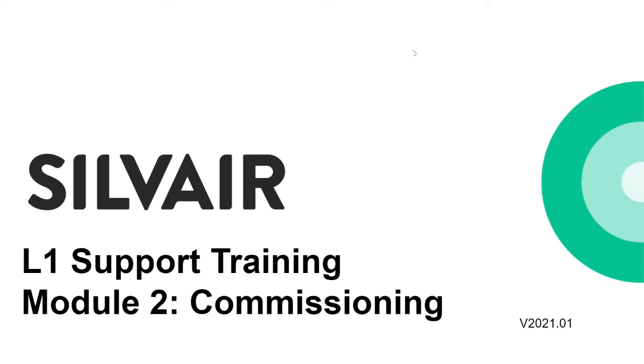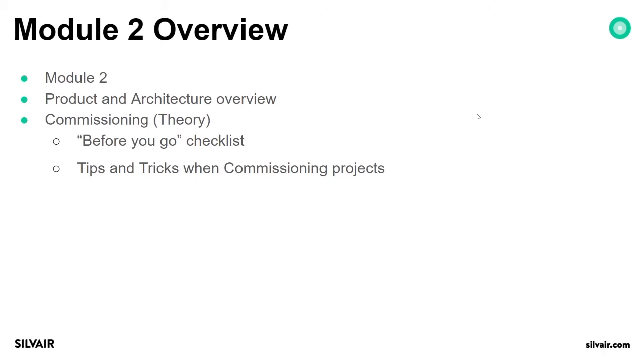The second part will be a live view presentation on how to commission devices and set up the zones, zone linking, and the relation between devices. Also, the before-you-go checklist and tips and tricks when commissioning the project.